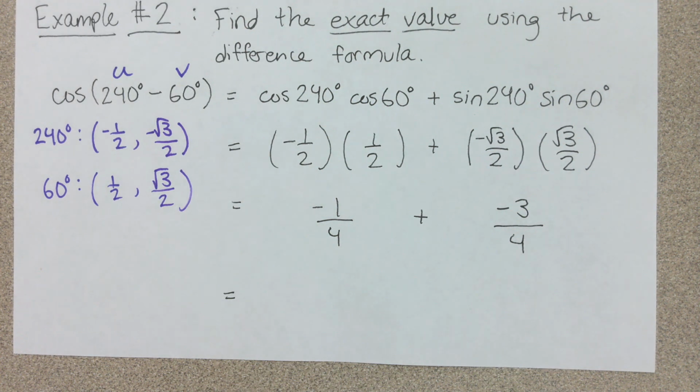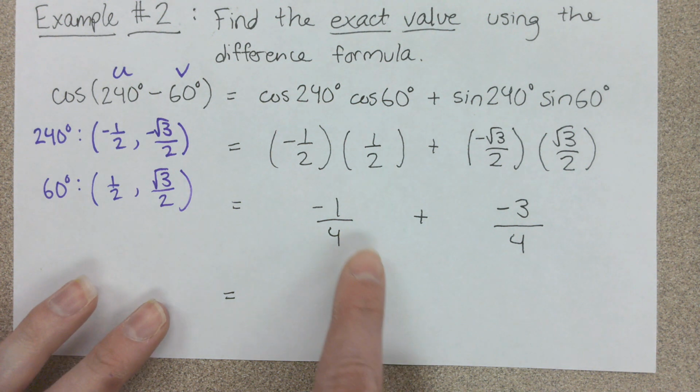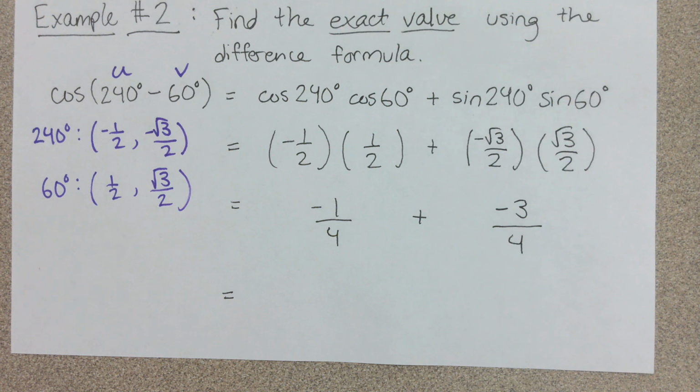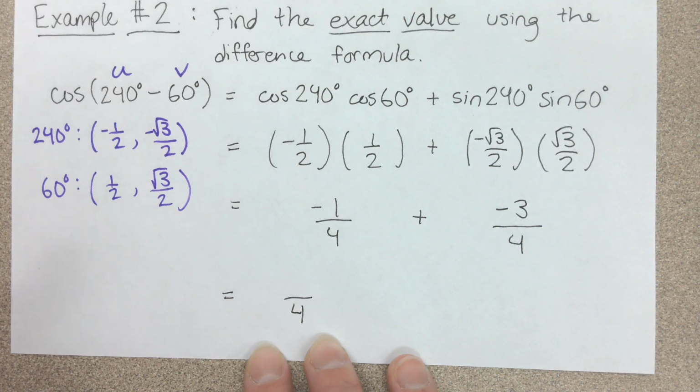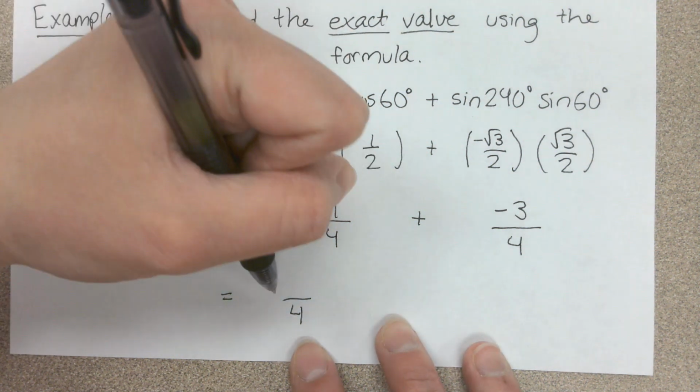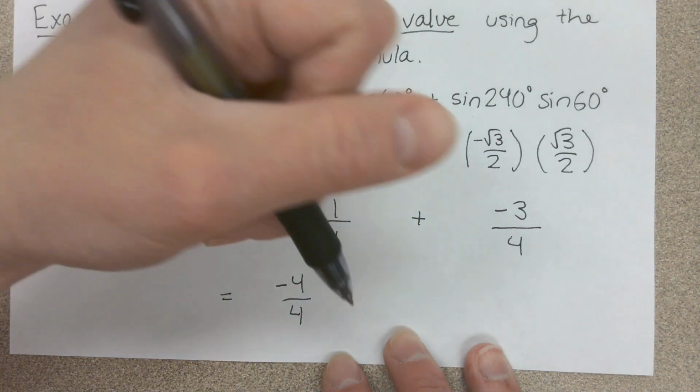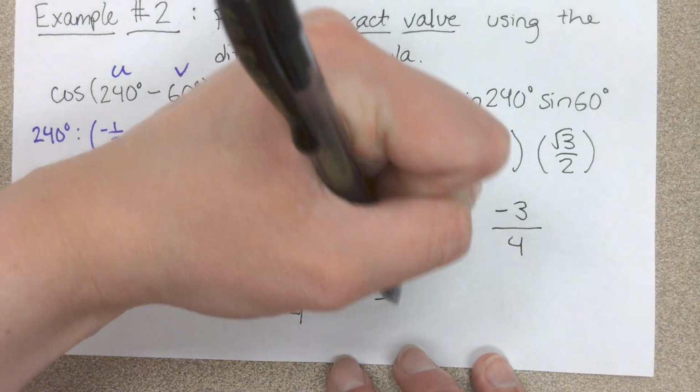This time we get nice numbers, so we can just add those fractions like we would normally add fractions. Reminder, when you add or subtract fractions, you only do the math on the top. The bottom you keep the same. So our denominator is still 4. Negative 1 plus negative 3 is negative 4. And negative 4 over 4 is actually just negative 1.